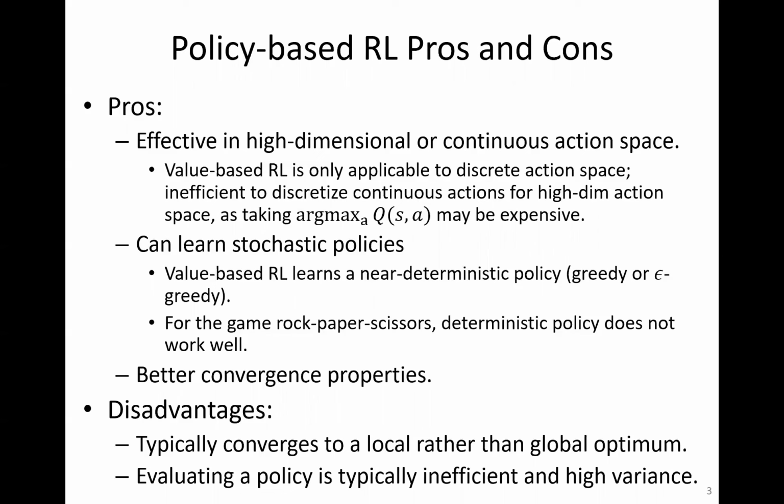It can also learn stochastic policies. Value-based RL learns a near-deterministic policy, either purely deterministic with greedy action selection or epsilon greedy, which is near deterministic. But sometimes, for example in the game rock, paper, scissors, a deterministic policy does not work well.